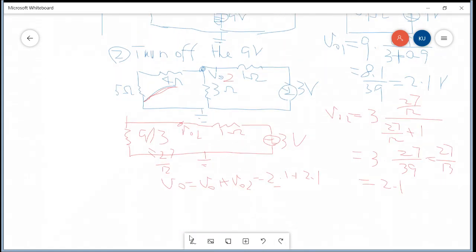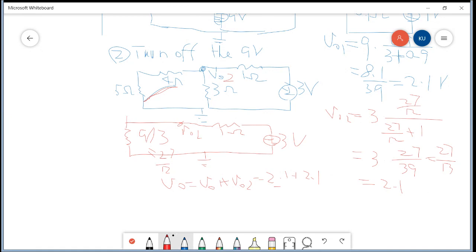So finally, the answer will be 4.2, or maybe 4.1, a bit more. Maybe 4.15 should be close. So we can use superposition to solve this circuit.